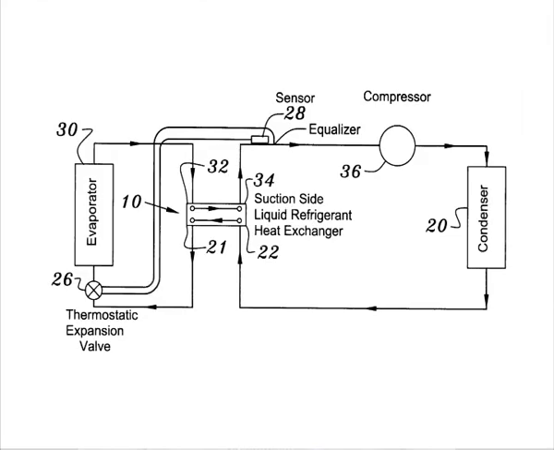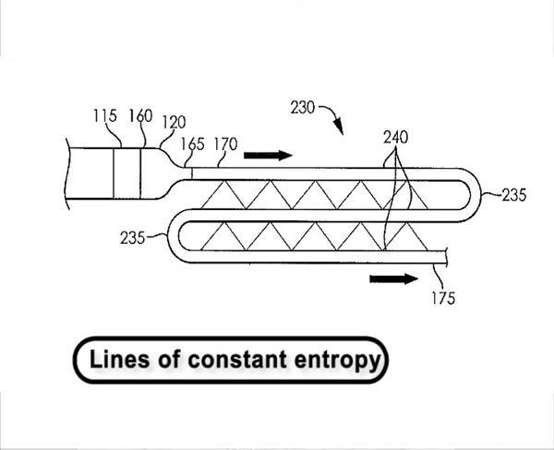Vapor region. The vapor region is also known as the superheated region. In this region, there are vertical temperature lines which increase as enthalpy is increased. There are also lines of constant entropy, which are also important. Entropy is the measure of the amount of disorder in the system.